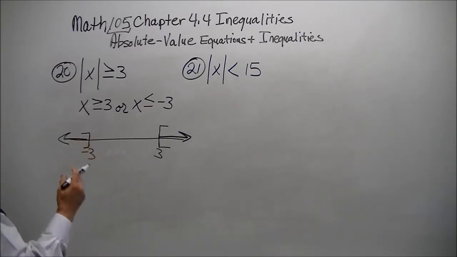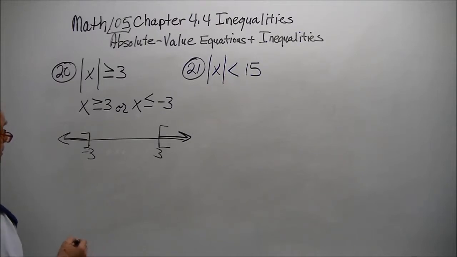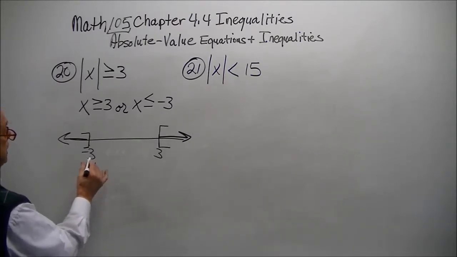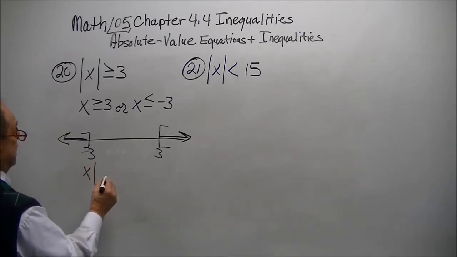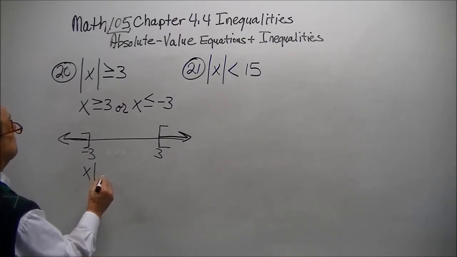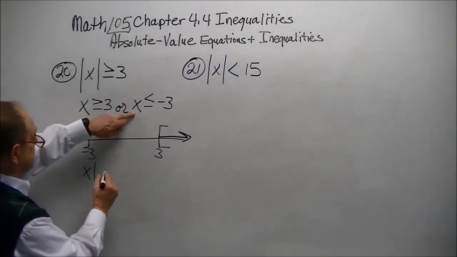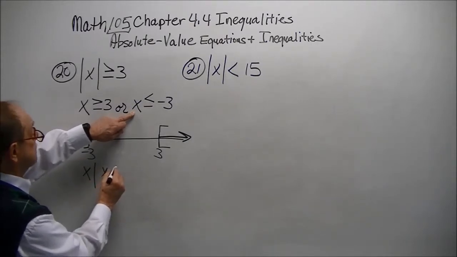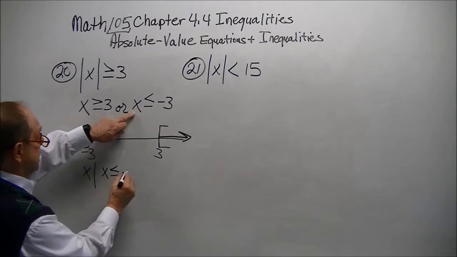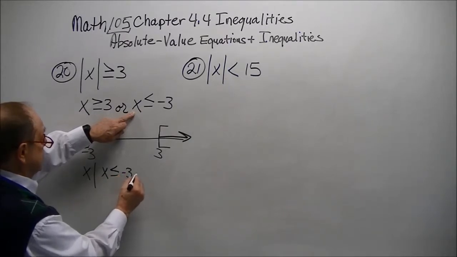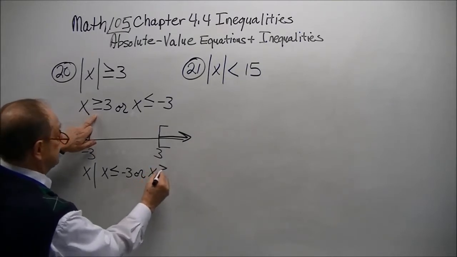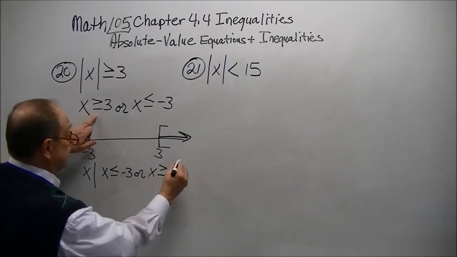And if you wanted to write this in set builder notation, it would look like this. X is such that, actually you would write this one here first. X is less than or equal to negative 3, or x is greater or equal to 3.